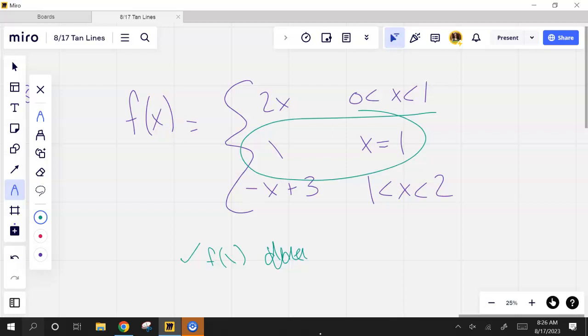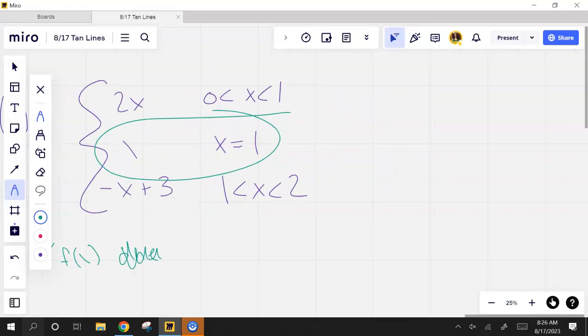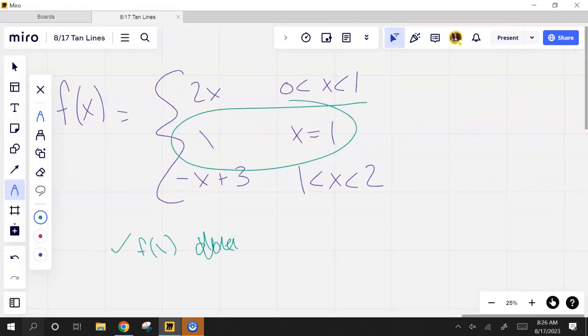Anything else? Or why the others are true? Okay, so part B, the limit as x approaches 0 from the right of f of x exists. So if I'm coming in from the right, that's coming in from the positive side, which would be from this side, right?